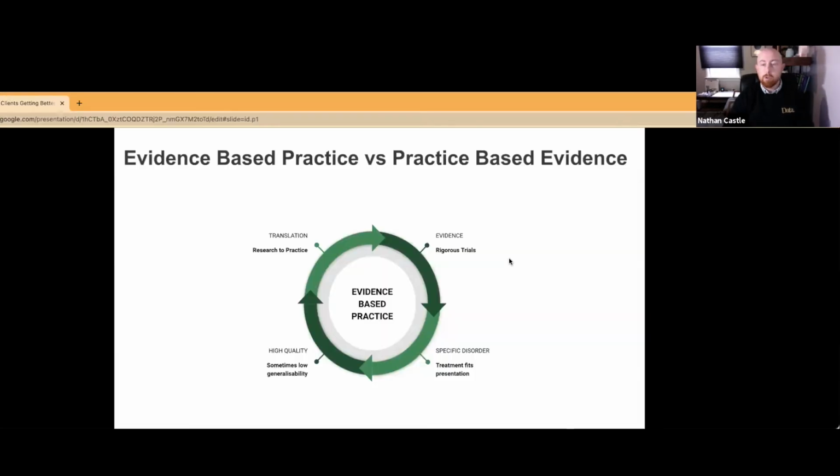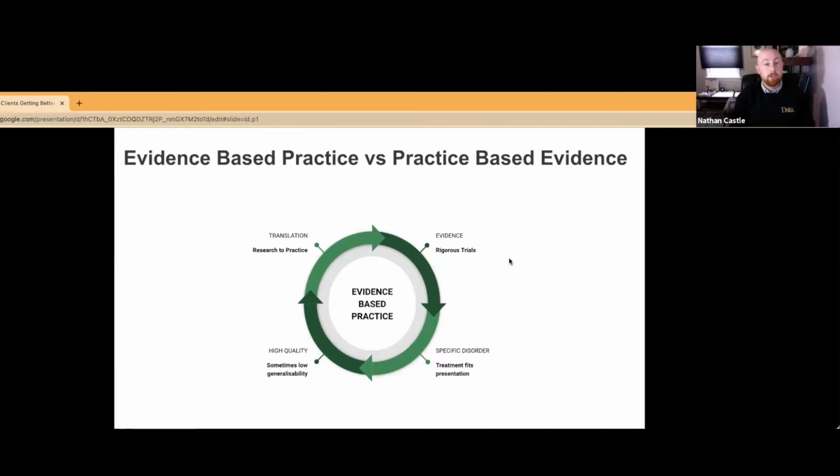The first thing I want to talk to people about is evidence-based practice versus practice-based evidence. Evidence-based practice is really what we learn primarily in university in our training programs. So essentially, it's being able to apply research findings to what we do in everyday practice.